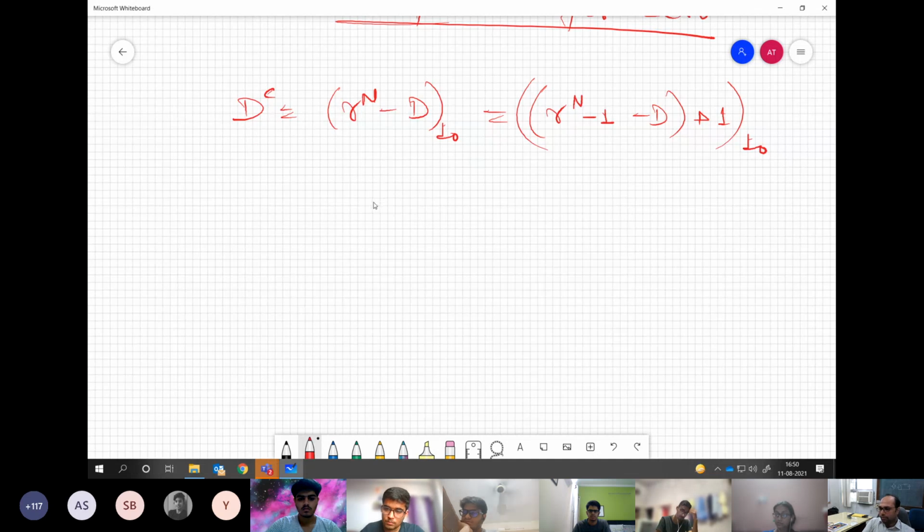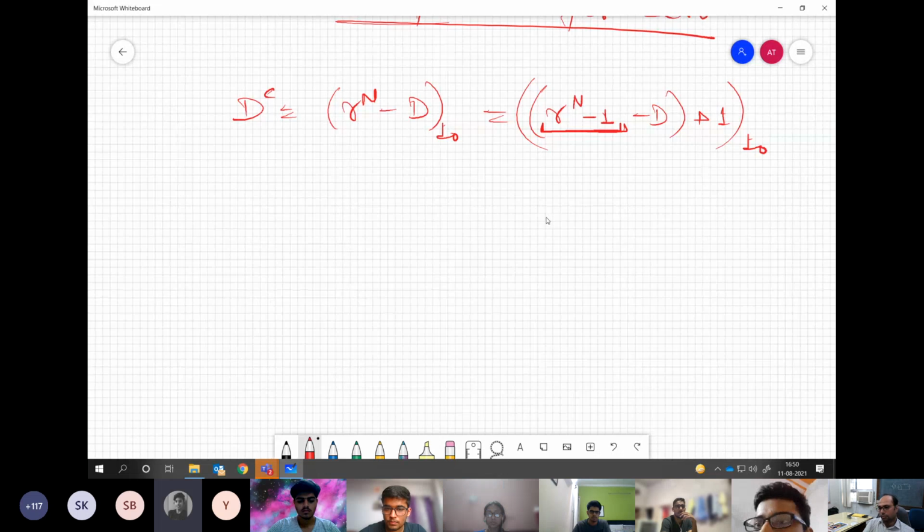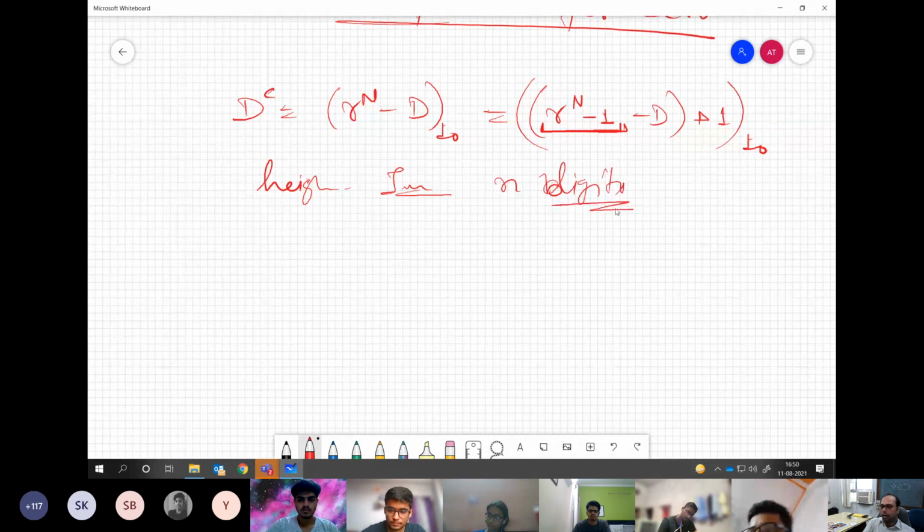I have only taken away 1. Now, what is this number? R raised to the power n minus 1. It is the maximum number of the system, the highest integer that can be represented with n digits or n bits.